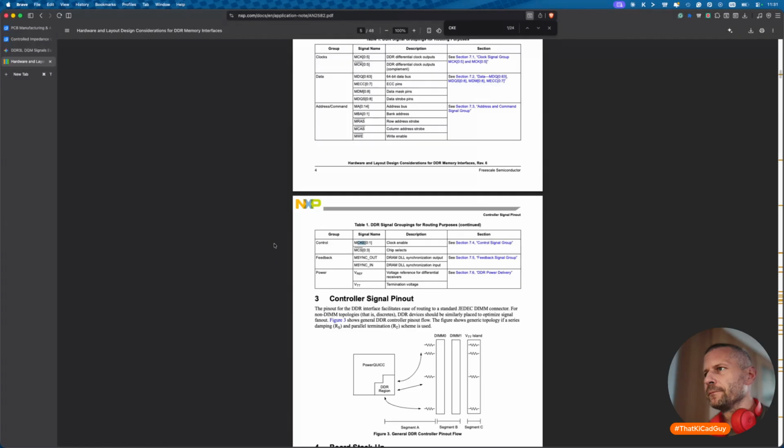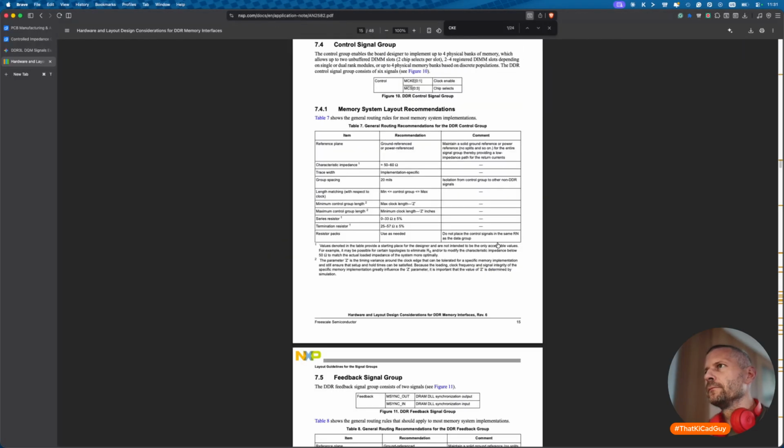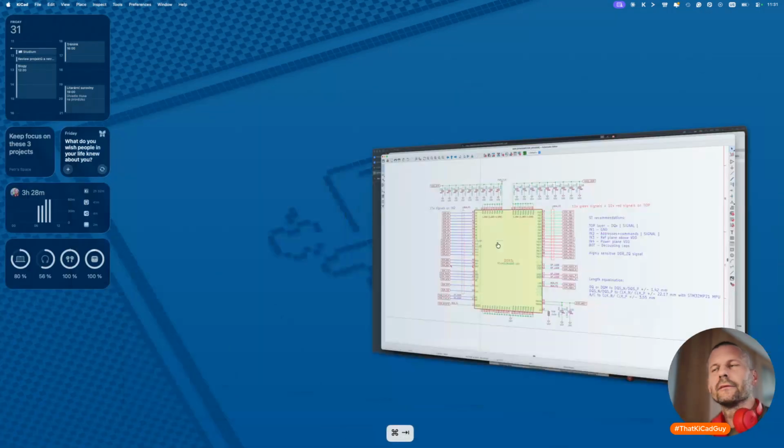So it's a control signal group. Yeah. Control signal. Okay.